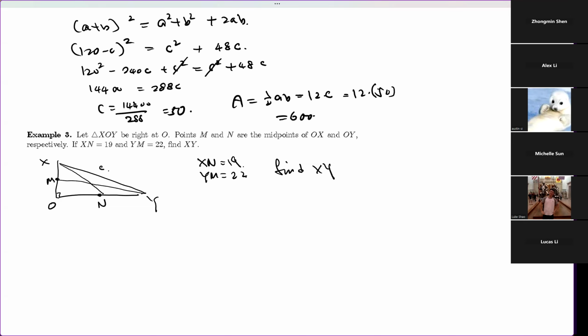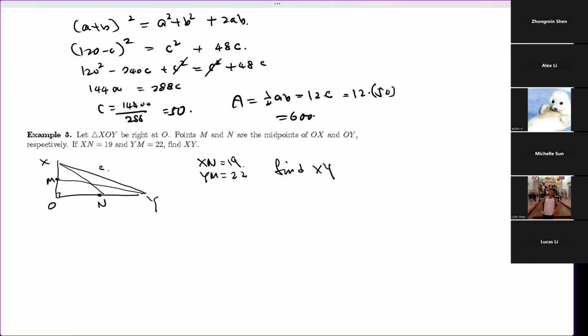All right. So what can we do? You are not given the direct information. If you were given OX or OY, then you just use the Pythagorean theorem, and then you find XY, right?